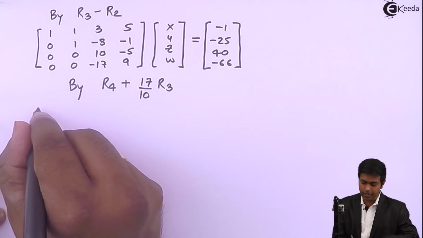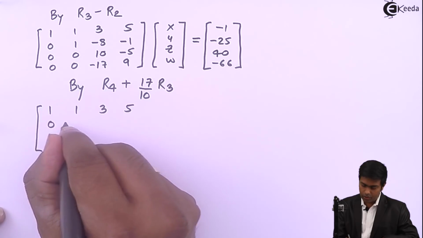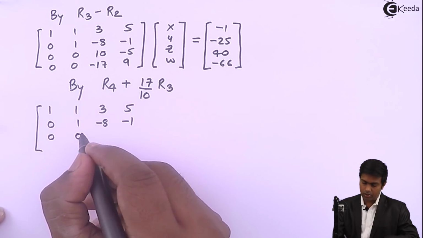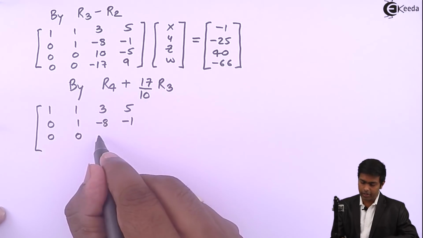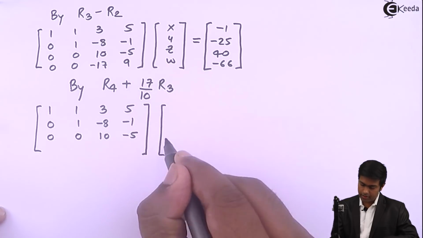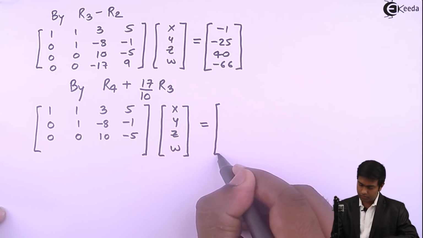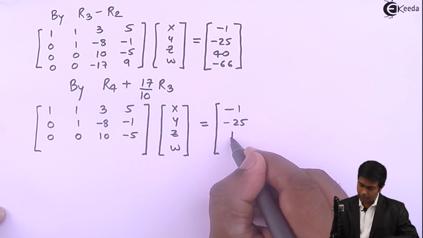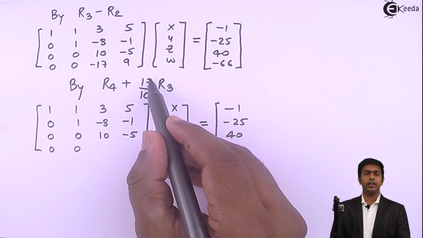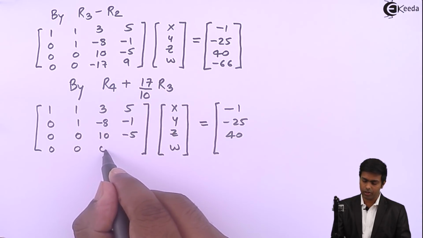So by doing this we will get 1, 1, 3, 5, 0, 1, minus 8, minus 1, 0, 0. Now here we will get 10 minus 5. This x, y, z and w as it is equal to minus 1, minus 25, 40. Now here we will get 0, 0. Now 17 upon 10 into 10 will be 17. If we will add with R4 we will get 0 here.